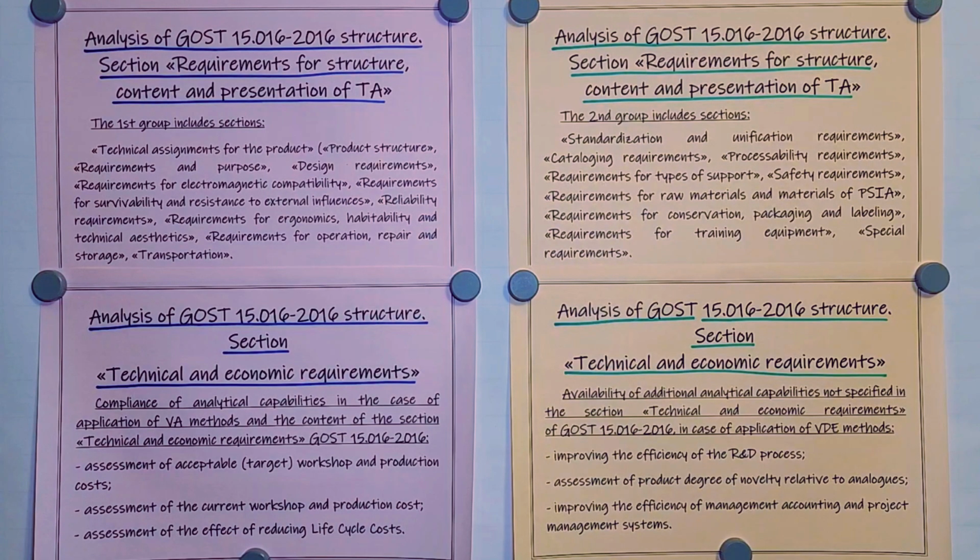There are no requirements for determining the degree of novelty of the product relative to analogs. There are also no requirements for the management accounting system and project management, which in turn can be satisfied within the framework of the use of value design engineering techniques.